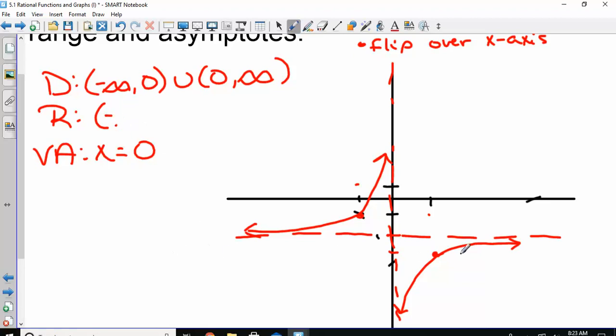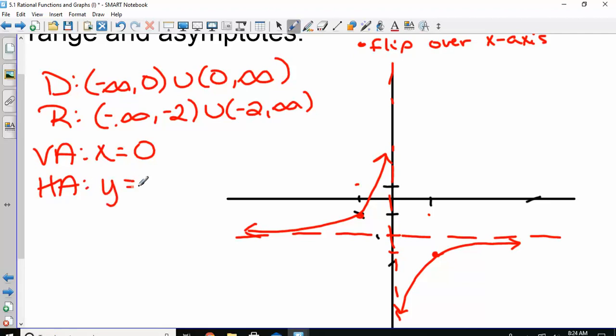Where do we break at our graph? We go from negative infinity to negative 2, union negative 2 to infinity. So our horizontal asymptote was at y equals negative 2. It was at 0, we moved down 2, so now it's at the negative 2.